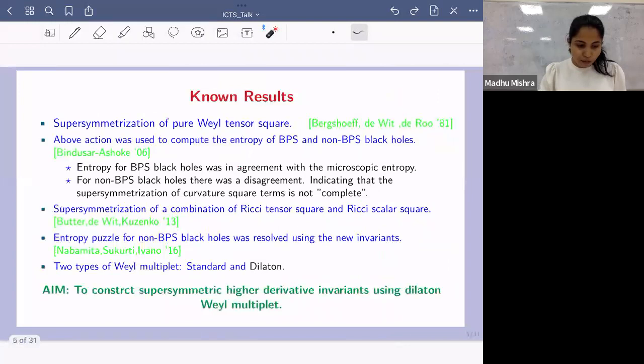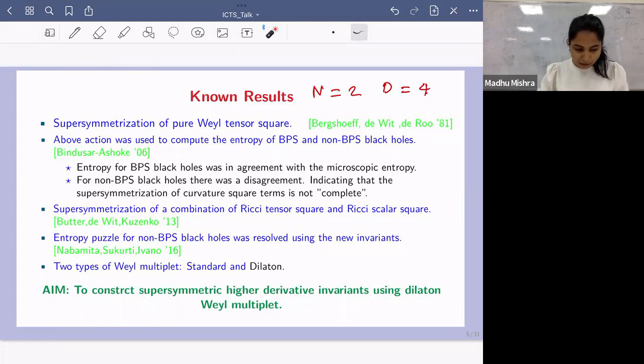All right, so here I will mention some of the known results in N=2 supergravity in 4 dimensions to further motivate our work.